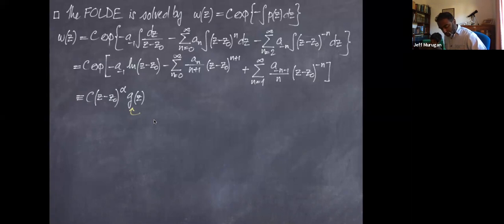As long as my function p of z has this structure, just isolated singularities, I can write the solution of this differential equation as some integration constant times z minus z naught to some alpha, times an analytic function. Analytic meaning analytic on C, which means I don't have any singularities there. Everybody with me?